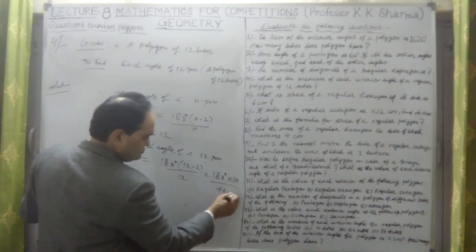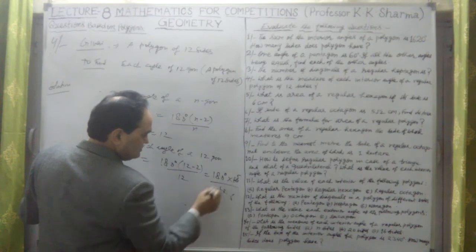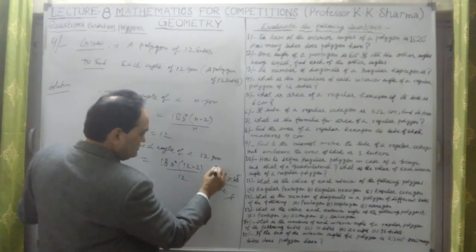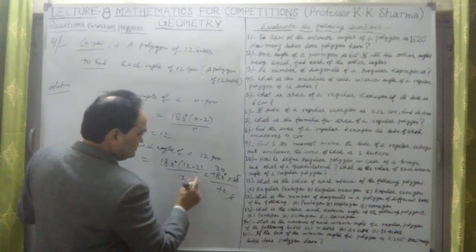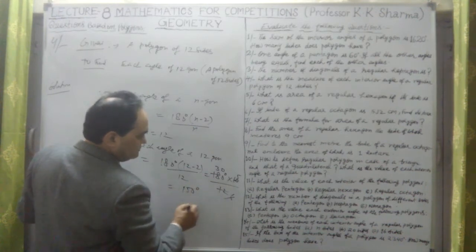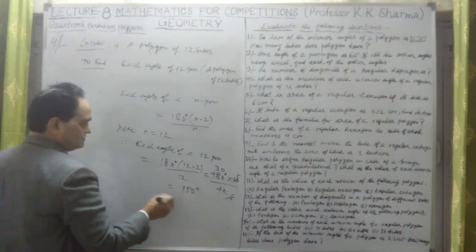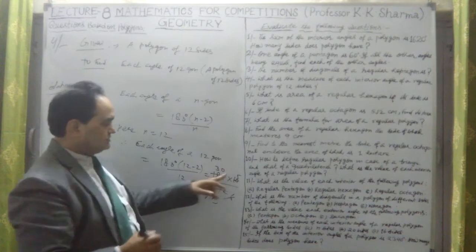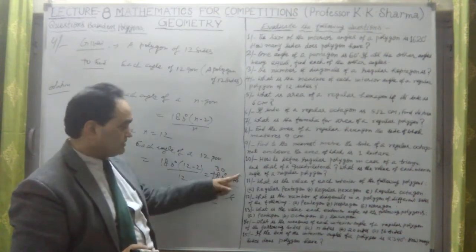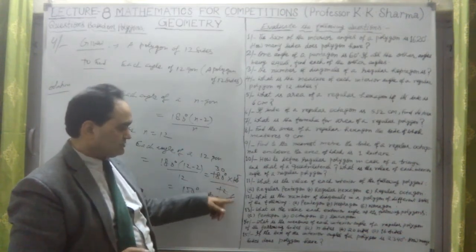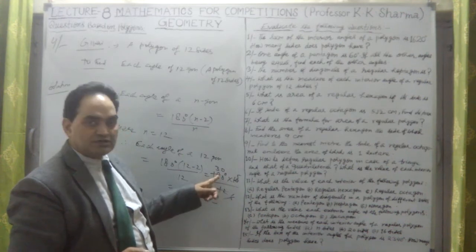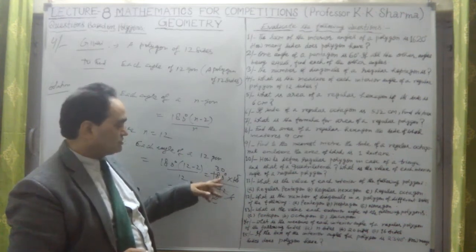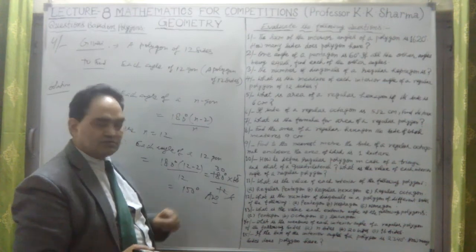This is 6 2s are 12, 6 3s are 18. So 30 degree into 5, 150 degree each. Each angle of this is 150 degree, the answer. Because 10 upon 12 means 5 upon 6, 6 3s are 18, so 30 degree into 5, 150 degree.